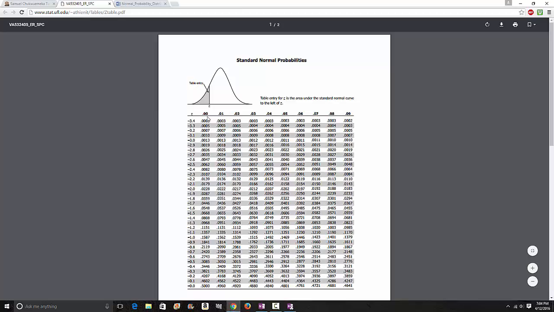So if I want to find z of negative 2.94, that means I get my negative 2.9 in this column, and I get my 0.04 on this row, and then the probability will be 0.0016. We shall come to that.